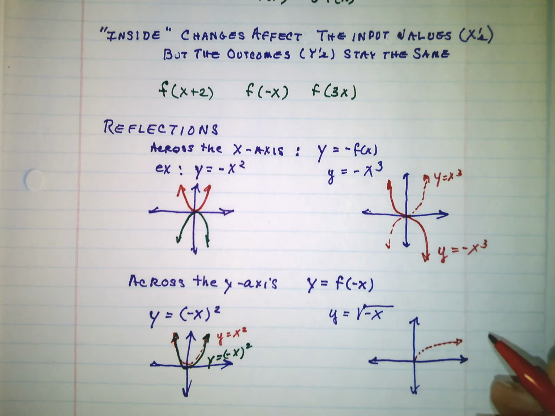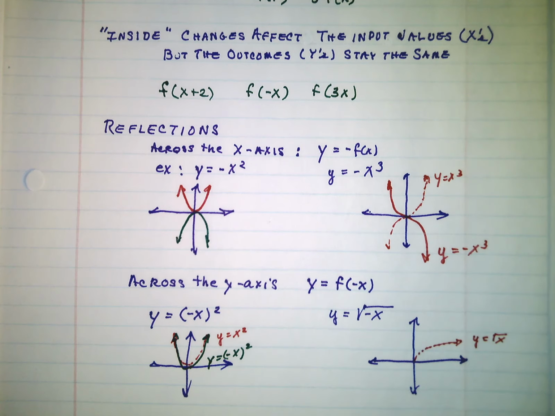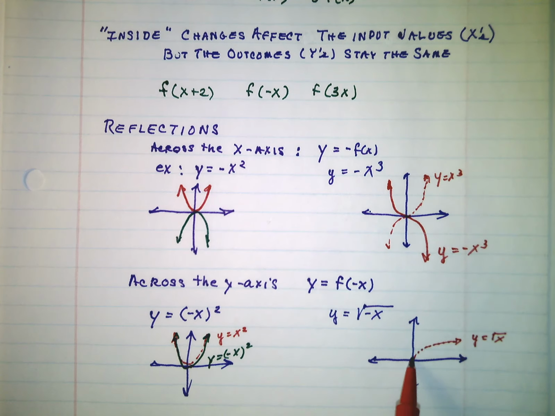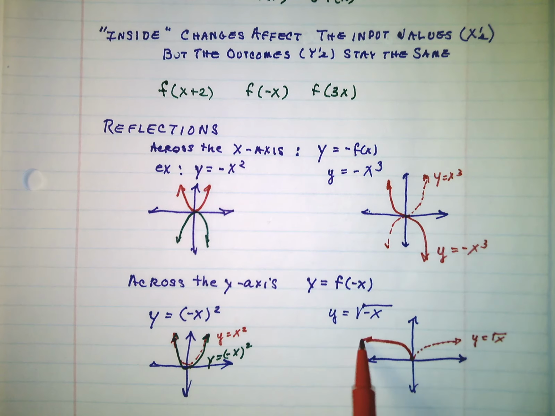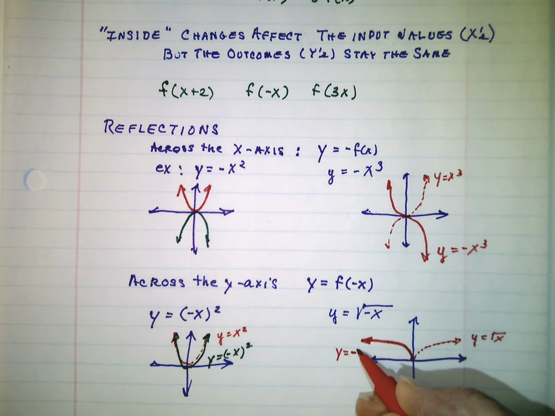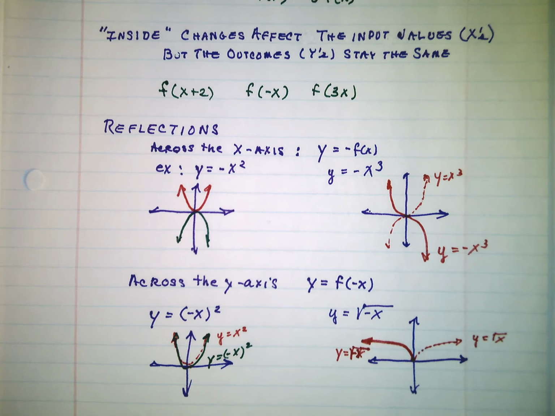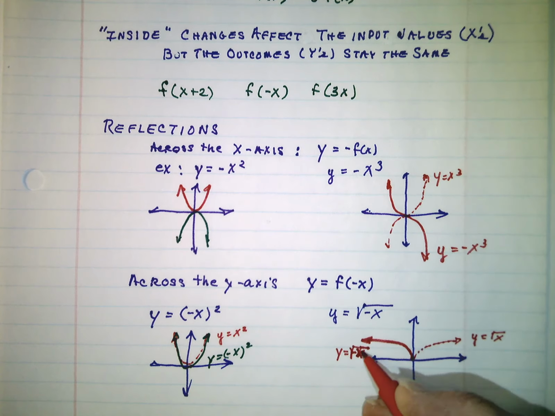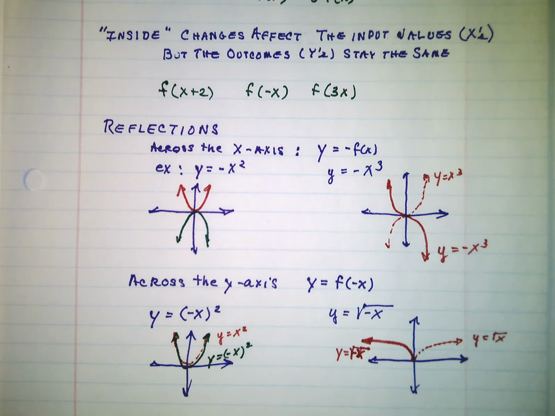It's like the top half of a sideways parabola. And then if we reflect this across the y-axis, I messed up. Sorry, it's supposed to be the square root of negative x in there.